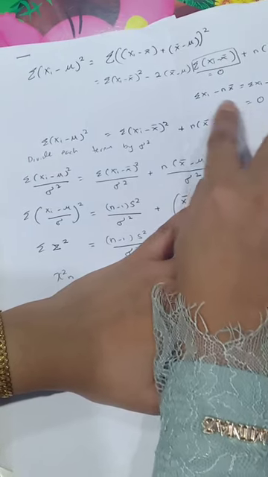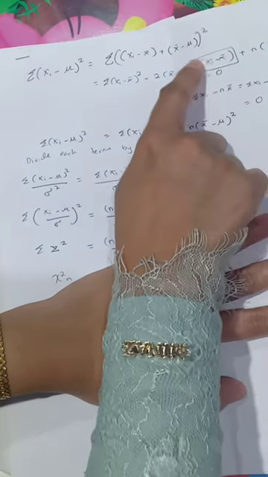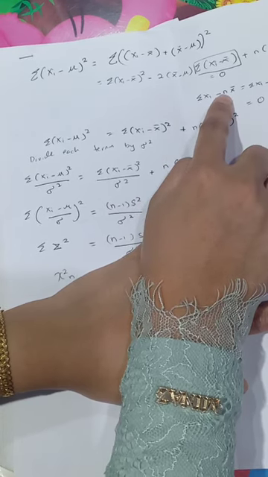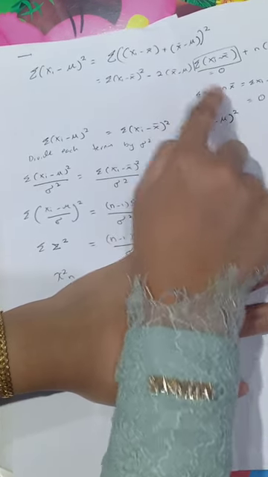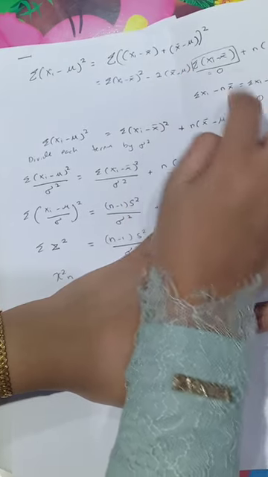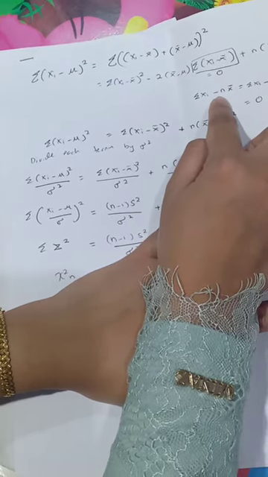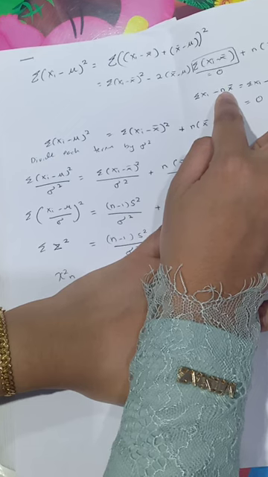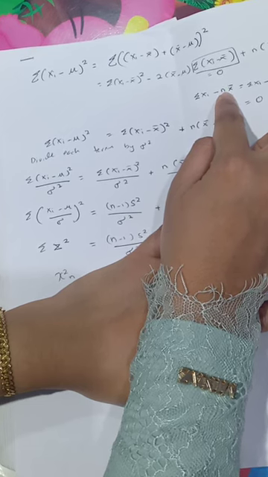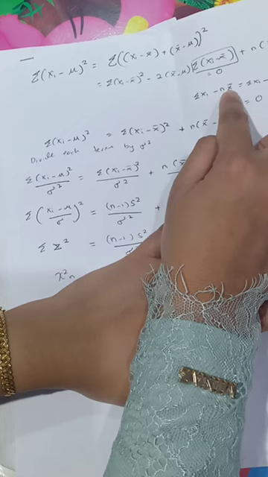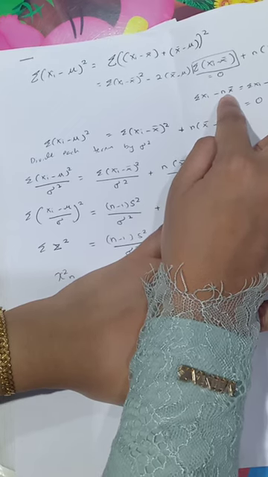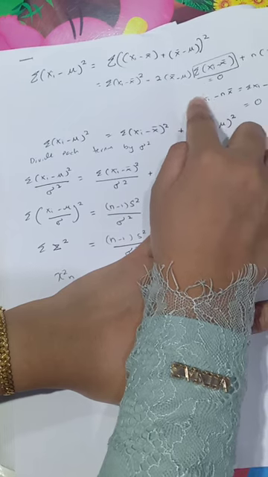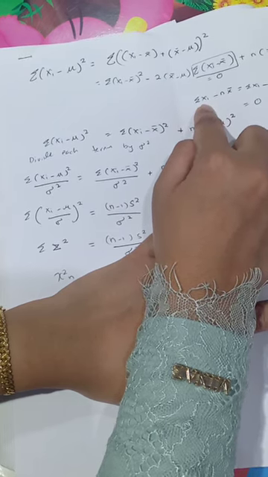How? Look at this. You expand this: the summation of xi minus the summation of x bar. The summation of x bar will be n x bar, because x bar is a constant. So you total up the x bar, you will get n x bar. Here, you cannot put n because xi is a random variable.